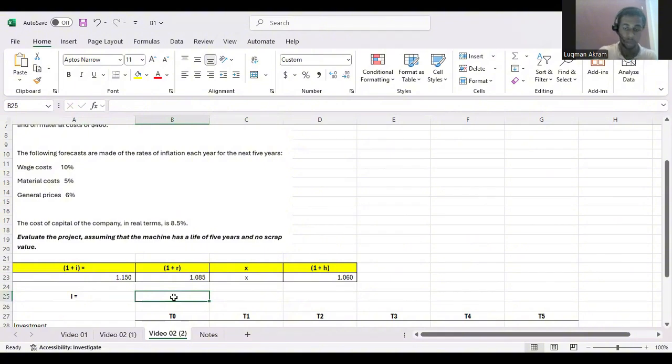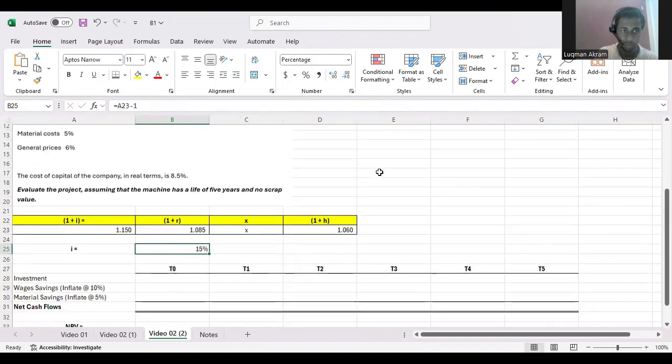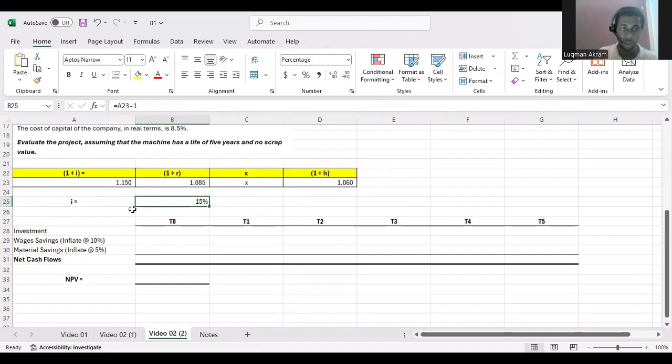Now we have to find I by isolating I and removing the 1. Putting this in percentage terms, we have 15%. So now we know the money rate we should use to discount the cash flows and find the NPV, which would be used to evaluate the project, would be 15%.